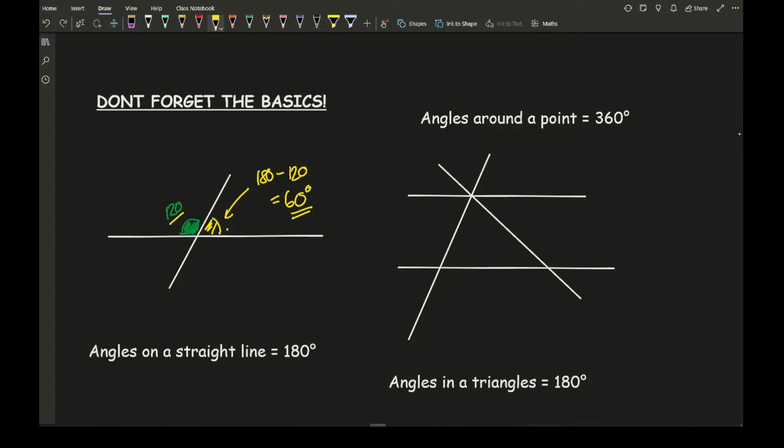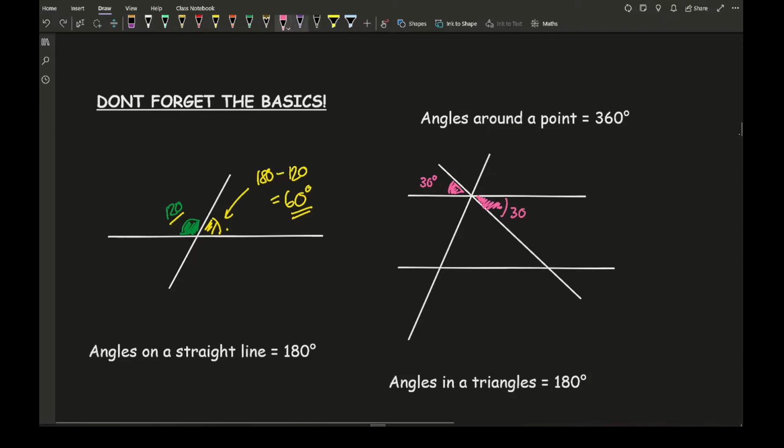Now the next one that we need to be aware of is angles around a point add up to 360. So angles around this point here will all add up to 360. Now if I get rid of that marking, let's say I know that this angle here is 30 degrees. Now I know that this angle here is also going to be 30 degrees because they are opposite.